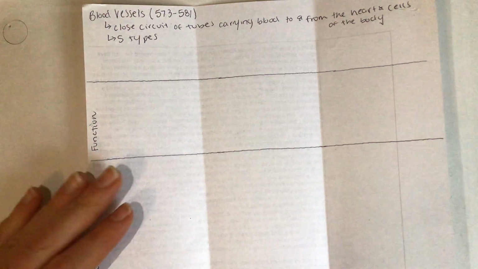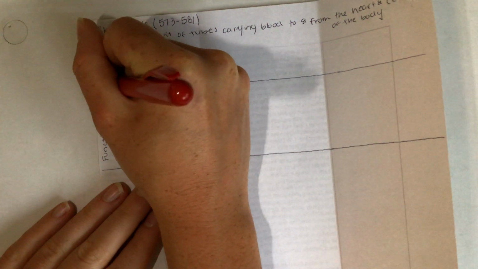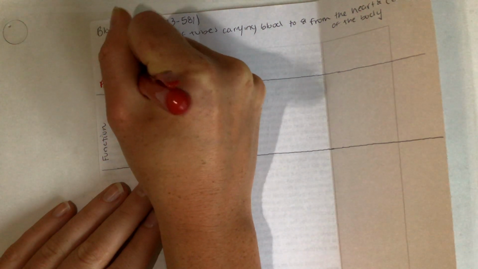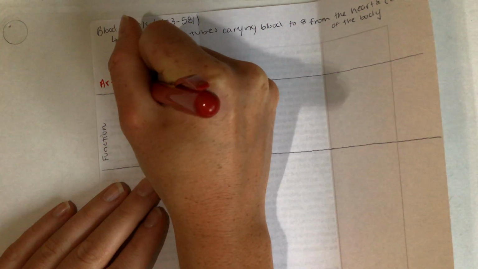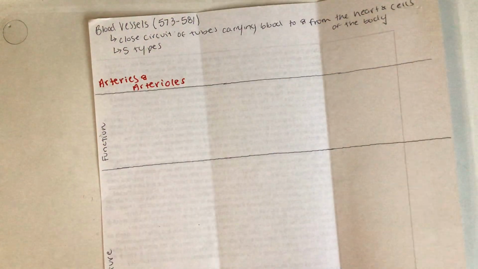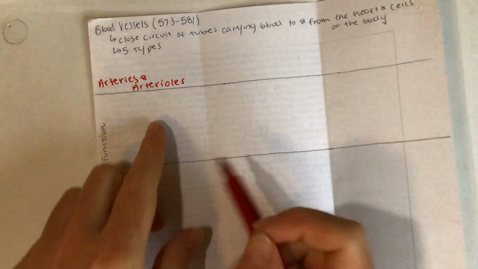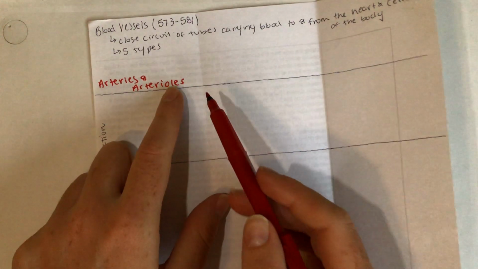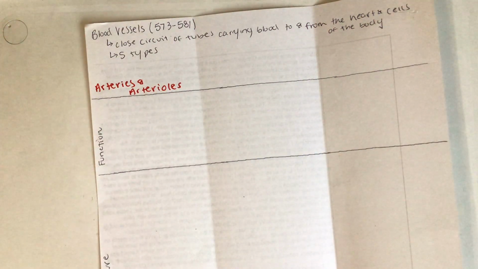And so we're going to start off with, I'm going to use color, you don't need to, just to title these, arteries and arterioles. And so we're grouping these 2 blood vessels together because when you see this ending here, "-oles," it just means a smaller branch of something.